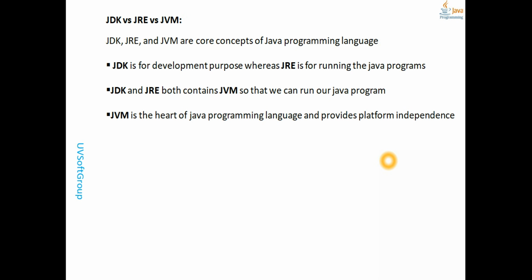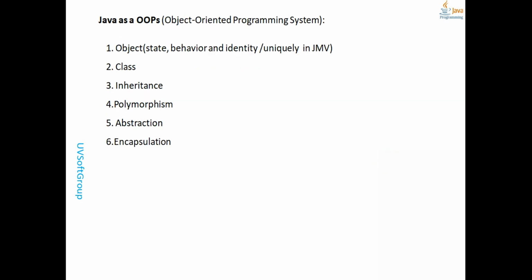Once that is clear, you can think about the core concepts like JDK, JRE, and JVM. These are the three things you need to clearly understand. Then you can go to the installation process.